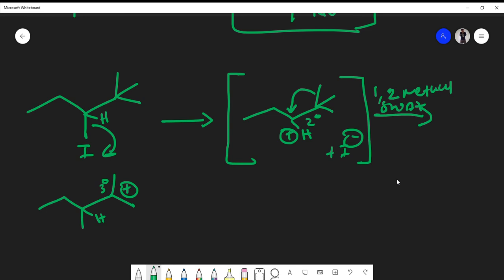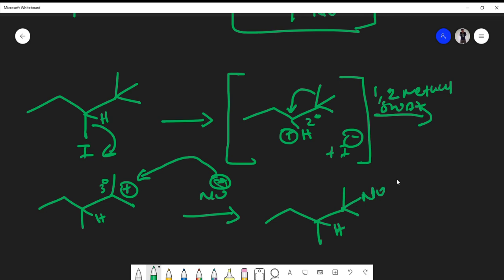Again, no hydrogens. Now again, the last step is that the nucleophile attacks the positive charge, in other words, the carbocation, and essentially my product should be this.